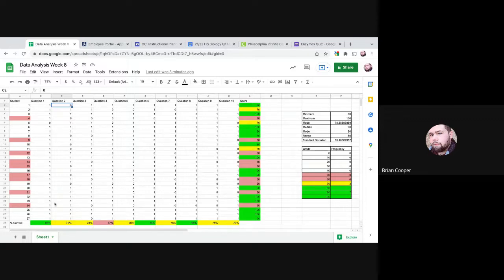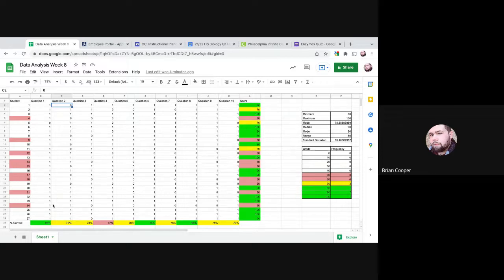Taking a look at this data, I could see that if the questions scored from an 80 and up, they're highlighted in green. A 70 and up is yellow, and anything below that is in red.